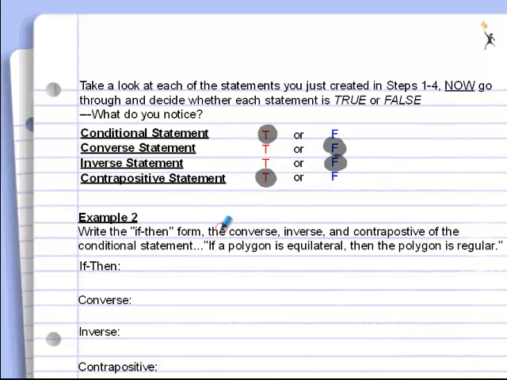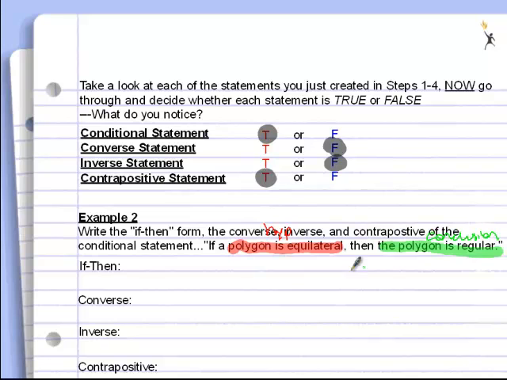So, the hypothesis would be what? Polygon is equilateral. What would the conclusion be? The polygon is regular. Okay? Let me label those really quickly before you go off on your own. Hypothesis. Conclusion.